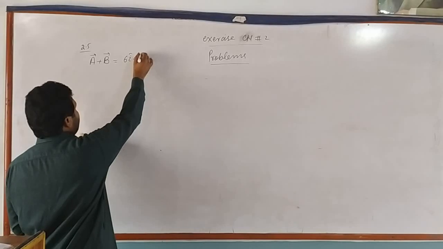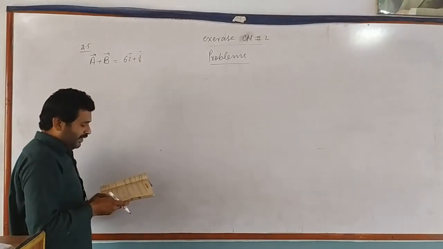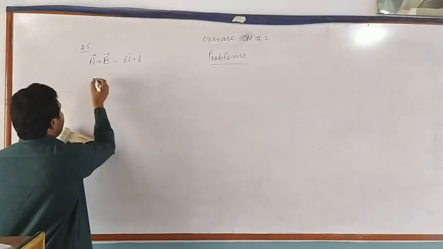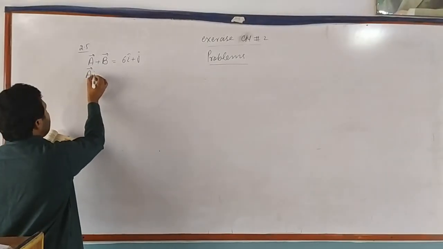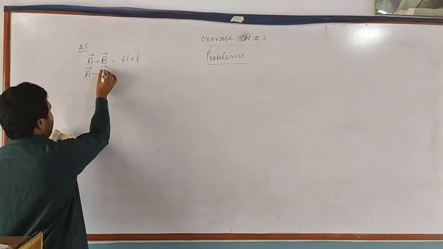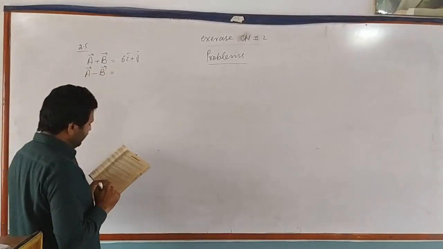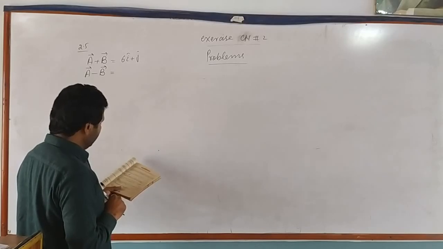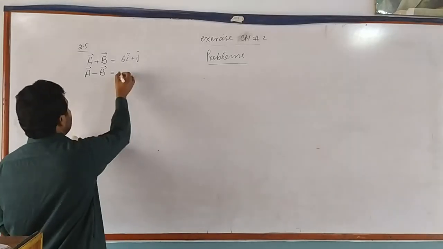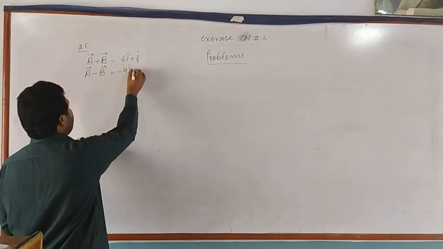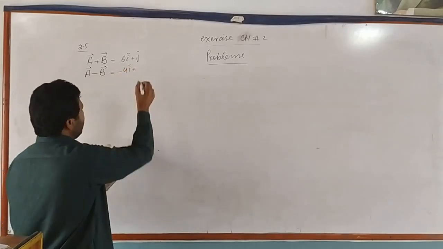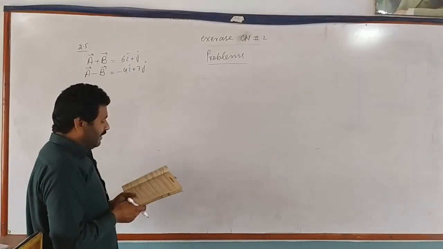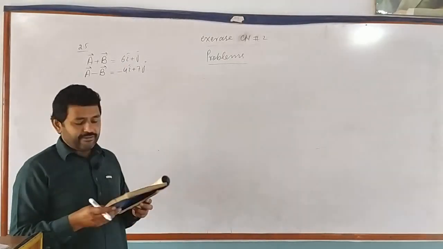Similarly, if vector B is subtracted from vector A, the resultant is minus 4i unit vector plus 7j unit vector. Find the magnitude of vector A.